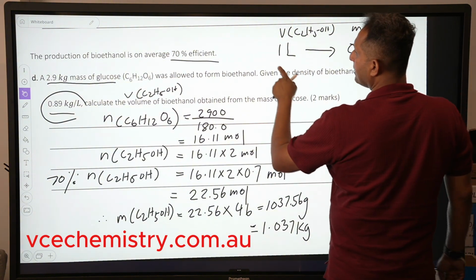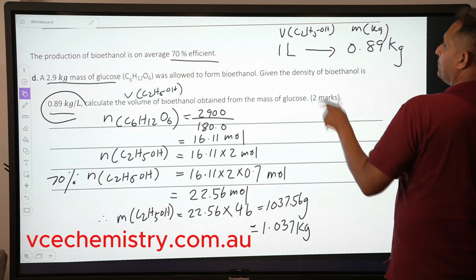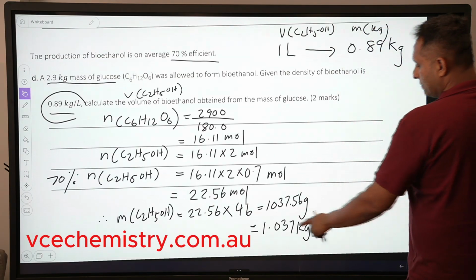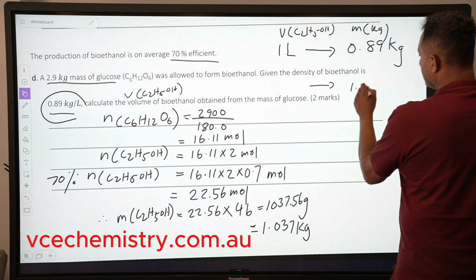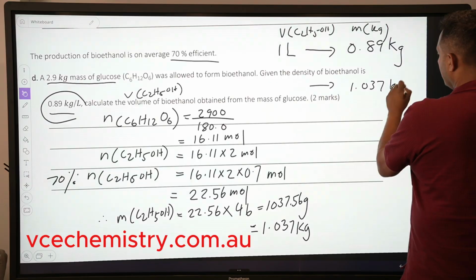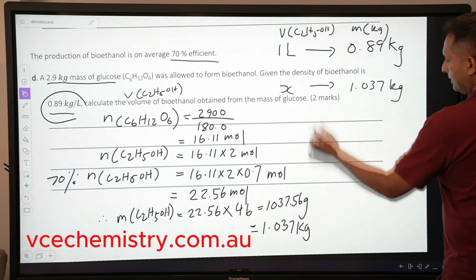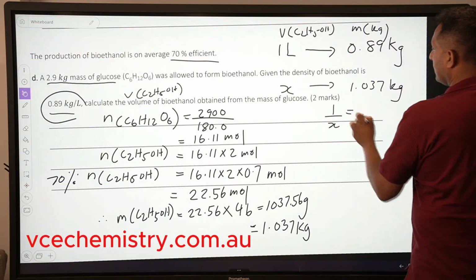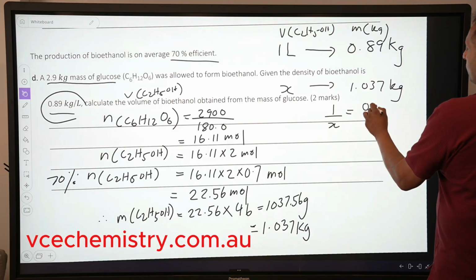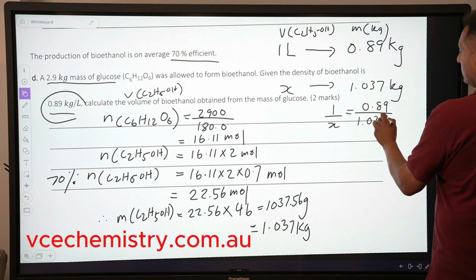1 liter is 0.89 kilograms. How many kilograms have we got here? We got 1.037 kilograms. Then we say x here. I should have written it in this area, sorry. Then 1 over x is going to be equal to 0.89 over 1.037.